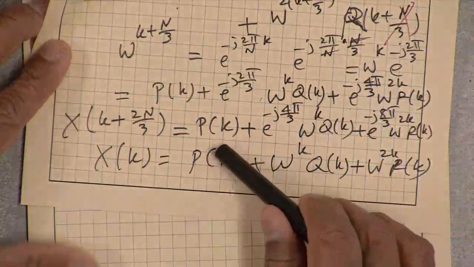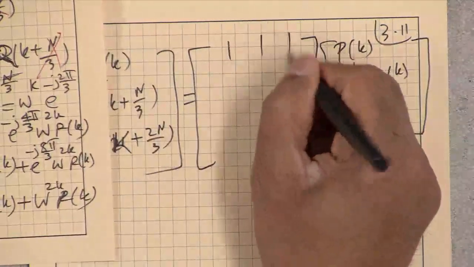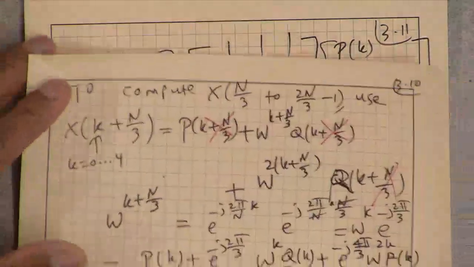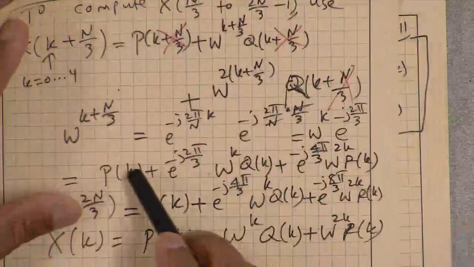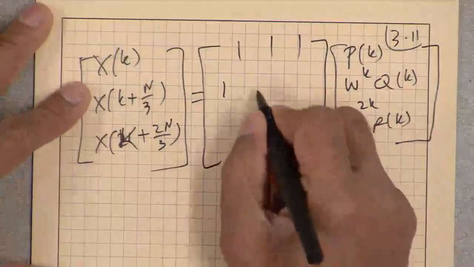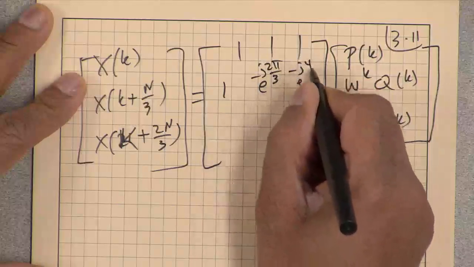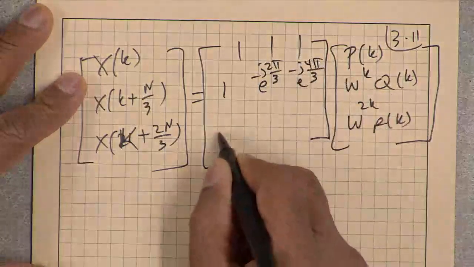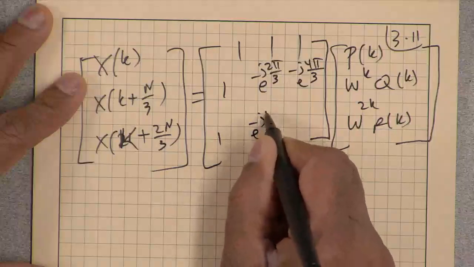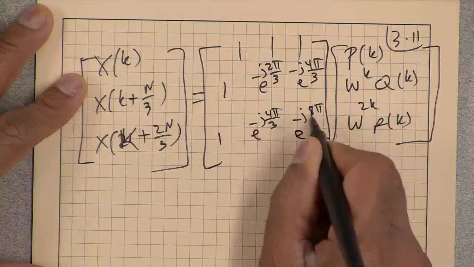Xk was Pk plus this plus that, 1, 1, 1. What about xk plus n by 3? It was Pk plus this quantity times that plus this quantity. So 1, e to the power minus j2 pi by 3, e to the power minus j4 pi by 3, and 1, e to the power minus j4 pi by 3, e to power minus j pi by 3.